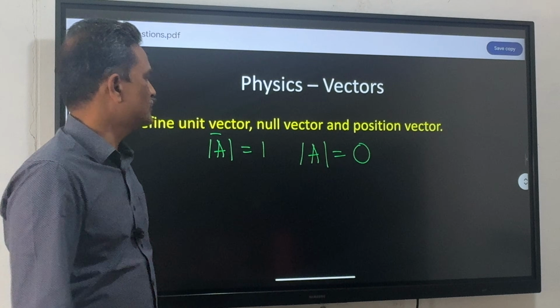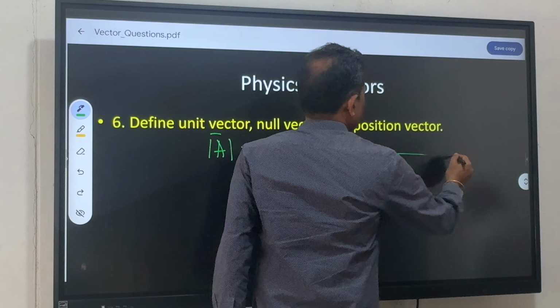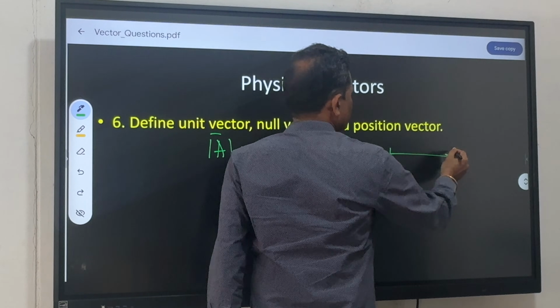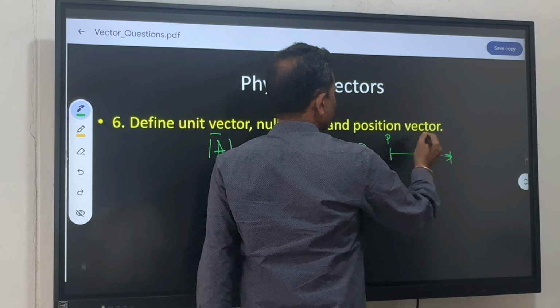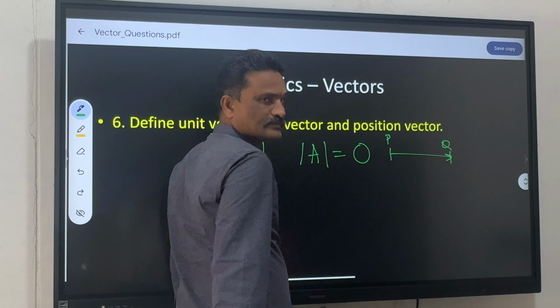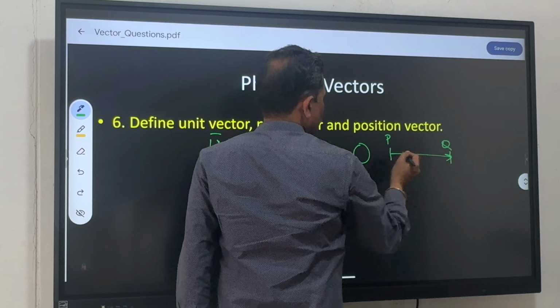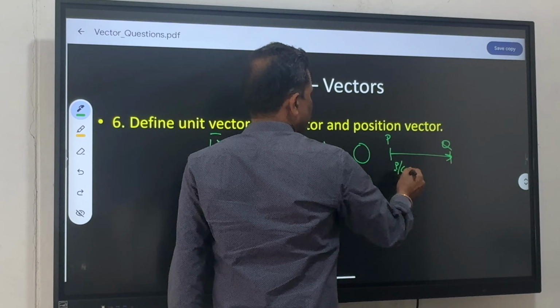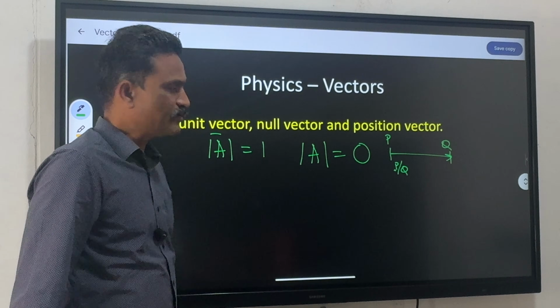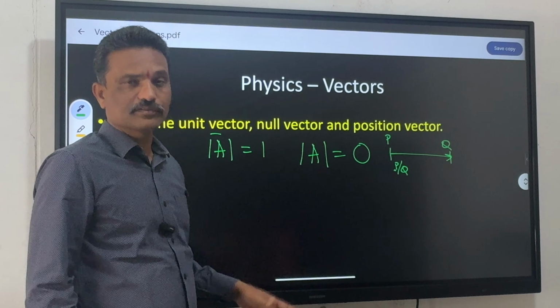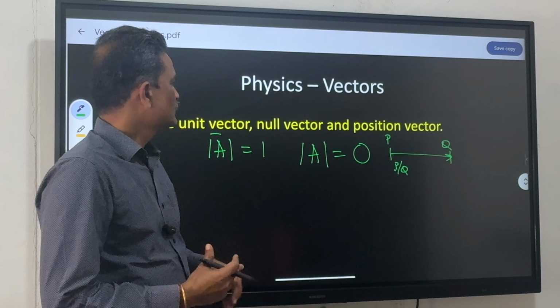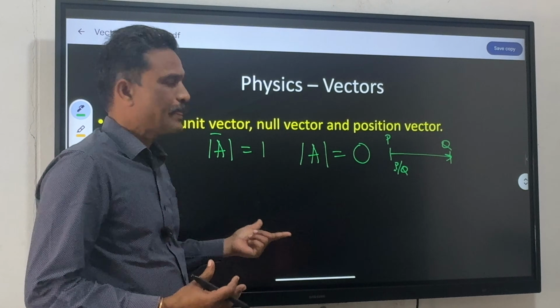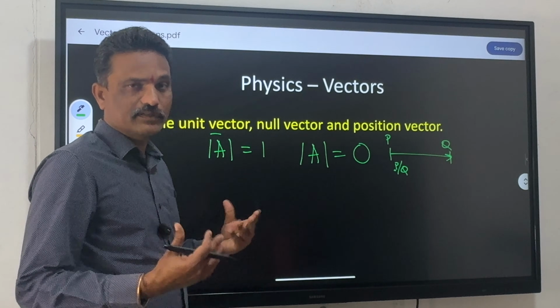What do you mean by magnitude is 0? For a vector, this is the initial point, this is the final point. Let us say this is PQ. If magnitude becomes 0, that means P and Q coincide. Both P and Q are at the same point. Now, what is the direction of this null vector? You cannot define the direction. Then why do we define null vector? Null vector, for our purpose only we are defining.